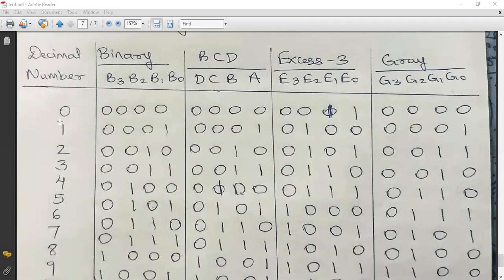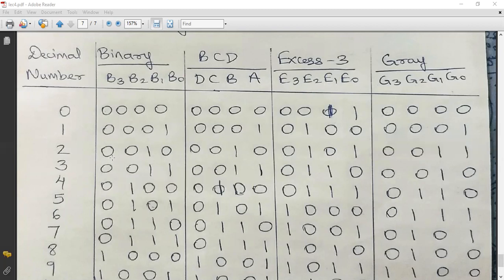Now the next number we are going to see is 1. The binary representation is 0001 and its BCD representation is 0001, the same. Now how are we going to write its excess 3 form? By adding 3. So 1 plus 3 is nothing but 4, so 0100 is its excess 3 representation, and the gray code will be 0001.